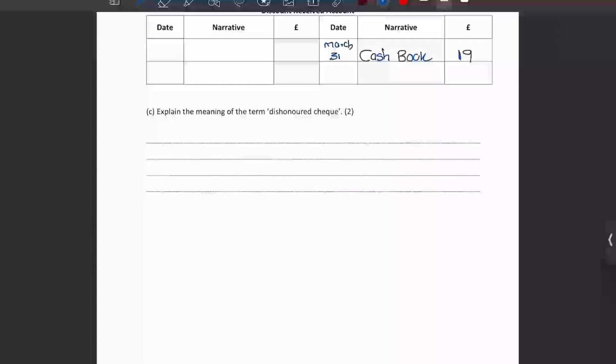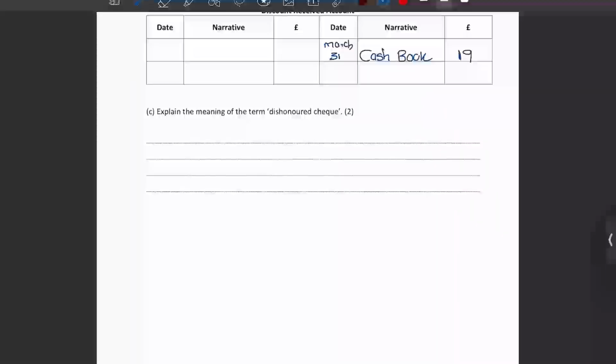Okay. Part C of the requirement. Explain the meaning of the term dishonored check. What is dishonored check? When the bank refuses to give the payment. Why? One reason is no money in the bank account.